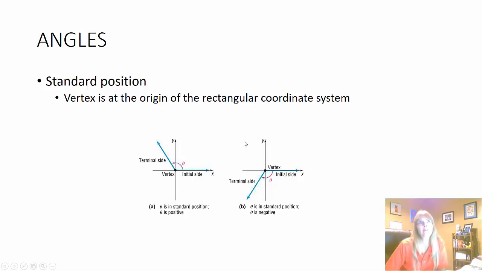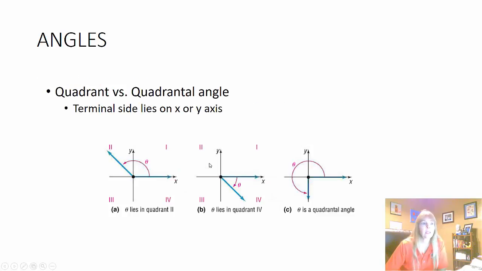Then I can look further to see what quadrant my terminal side ends up in. You could end up in a quadrant, like quadrant 2, remember in the review we talked about quadrants, or quadrant 4. Or you could have a quadrantal angle, which means your terminal side just lies on one of the axes.